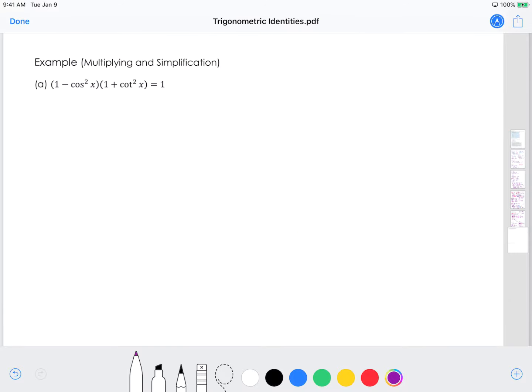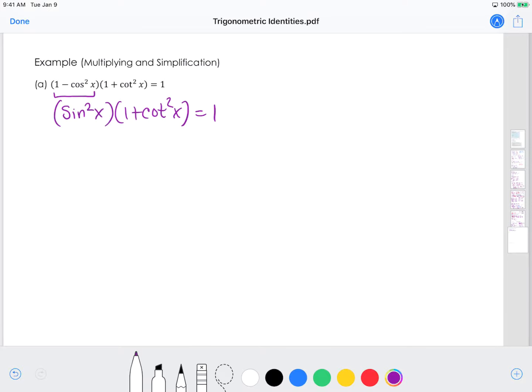The last method I want to show you is just multiplying and simplifying. So in example A, we've got two parentheses, or two quantities that we need to multiply together. Before we multiply, I notice right off the bat that I can simplify that and make that sine squared x.